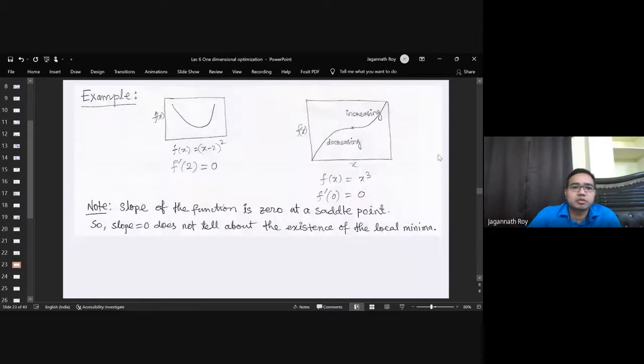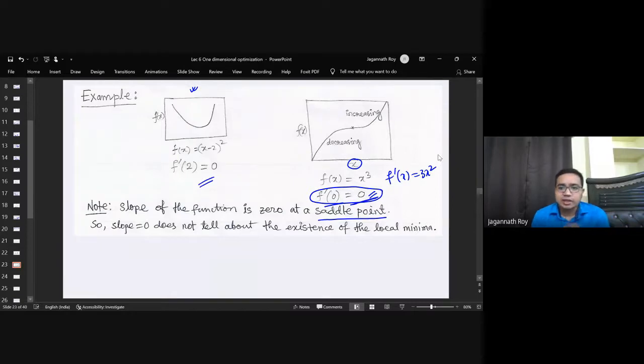For that, we need to see some more examples. If you think about this problem and its derivative, f dash x equals 3x square. So f dash of 0 equals 0 here also, so the derivative is 0. It can happen in so many cases. But whether that particular point is a saddle point, a maximum point or a minimum point, it cannot tell.